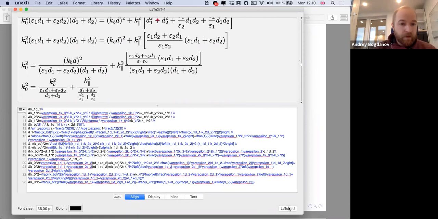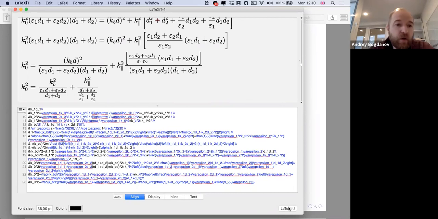Okay? What we can see here, guys? Now we see that this expression is very similar to the case of uniaxial crystal for p-polarized wave. Usually for uniaxial crystal we can write, so in my case, k_b is k_z.